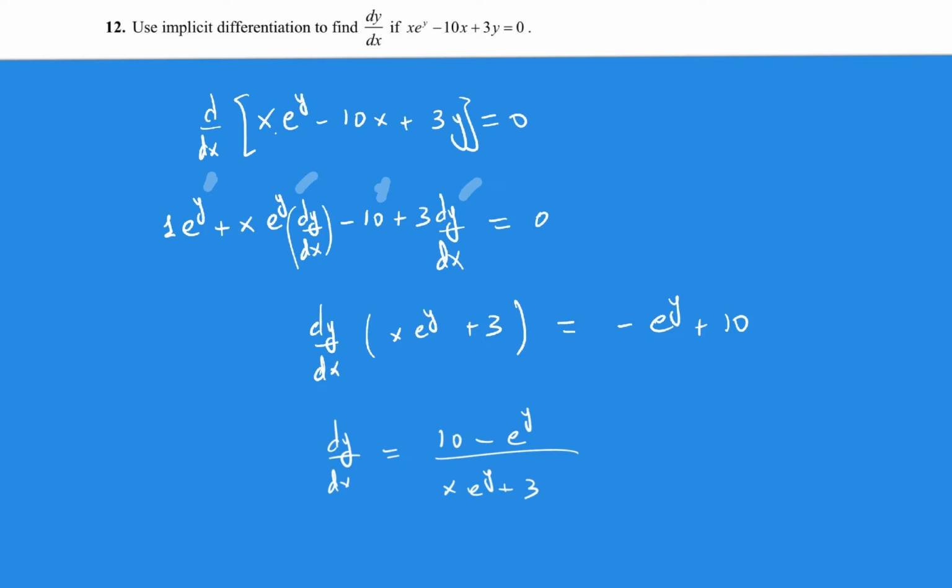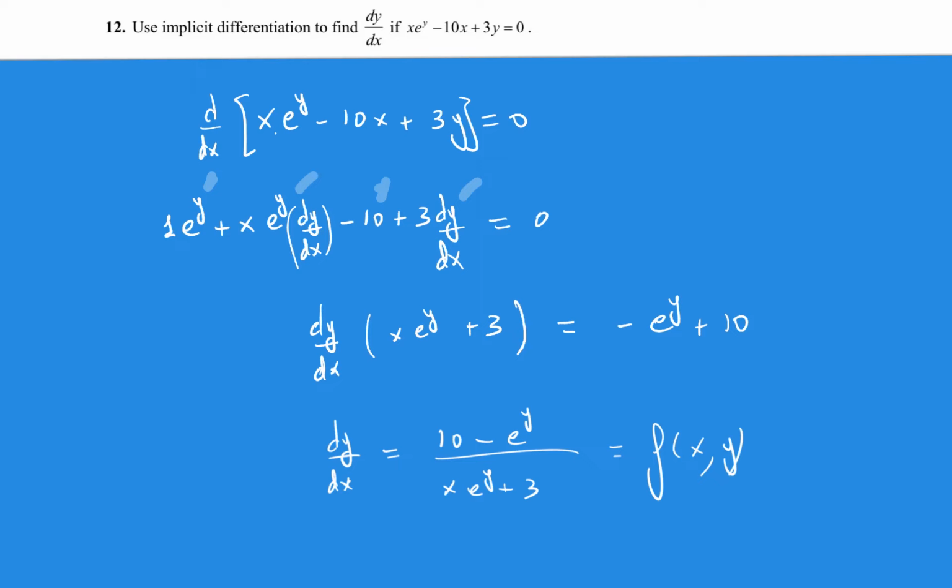Now, this is the slope in implicit differentiation. The slope is not a function of x. It's a function of x and y. It depends on the point x, y. So this is the derivative of y with respect to x.